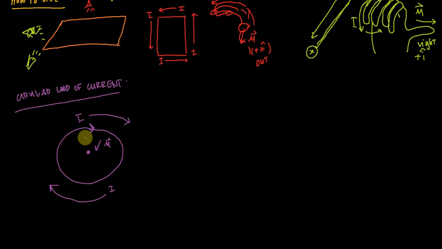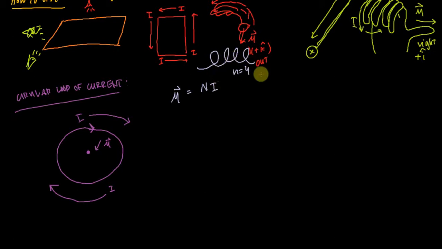Now, one thing that you should know, actually I probably should have said this a little bit earlier, is how a dipole moment is actually defined. So dipole moment is defined as n, which is the number of turns in a coil. So if you have a coil and you have 4 loops in here, n would equal 4 because there are 4 turns in the coil, n times I, which is the current flowing through this coil.